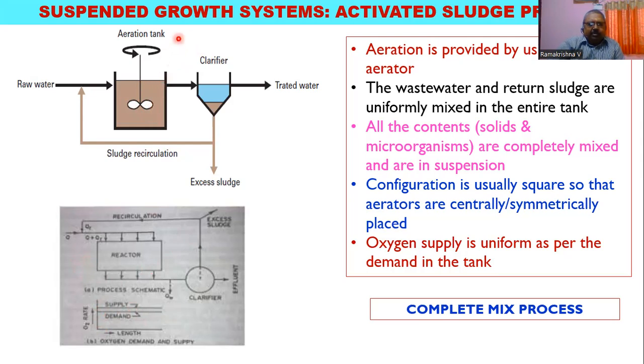To have the transfer from gas to liquid, we need some sort of turbulence at the interface. That's what we are creating through the mechanical aerators. Usually, these aeration tanks have a square configuration so that the aerators we are keeping here can be centrally placed or symmetrically placed.